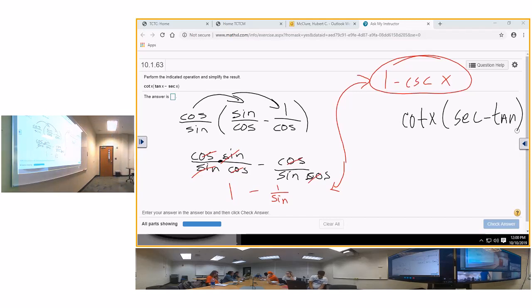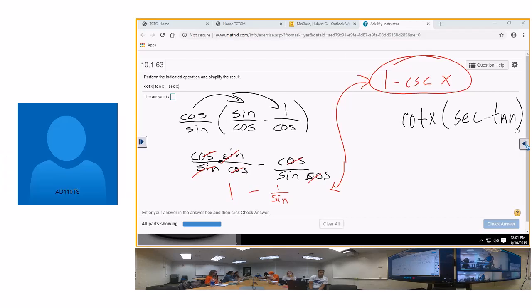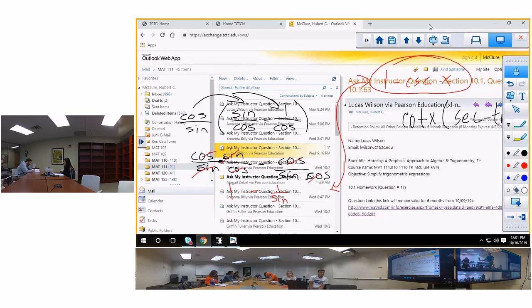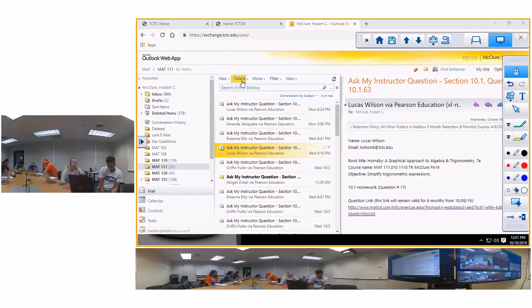Then you can work on that one. I'm going to go to the next question while y'all working on that one. And you're going to get cosecant minus 1 on this one. So that's number 17.